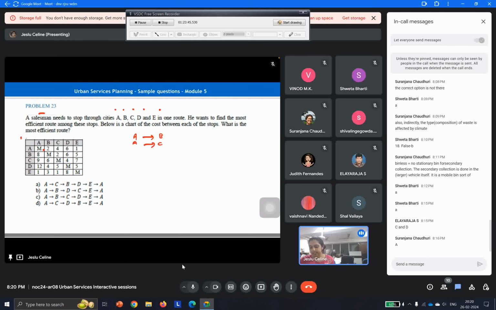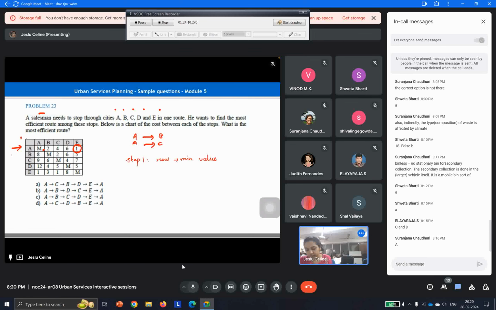Now step one is to identify, for each row, the minimum value. So we first identify the row-wise minimum value. For the A row, 1 is the minimum value.